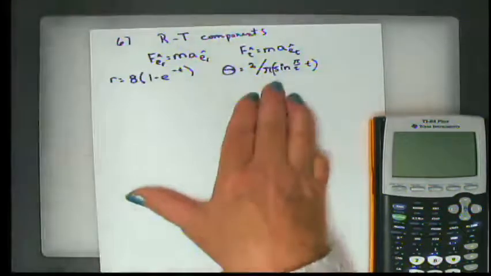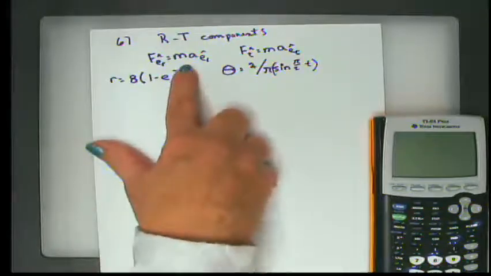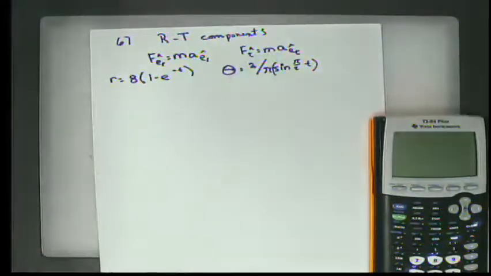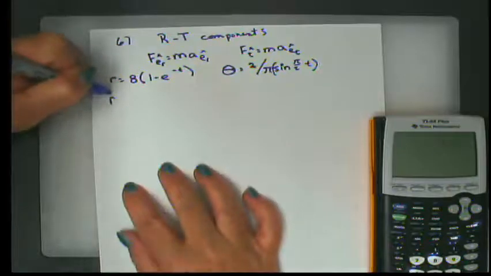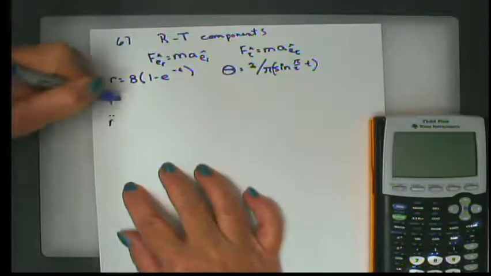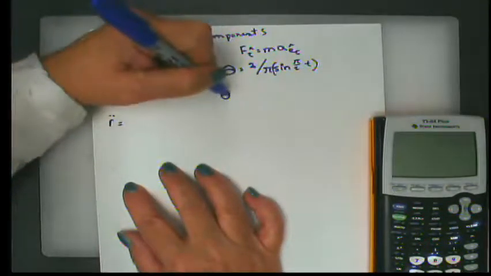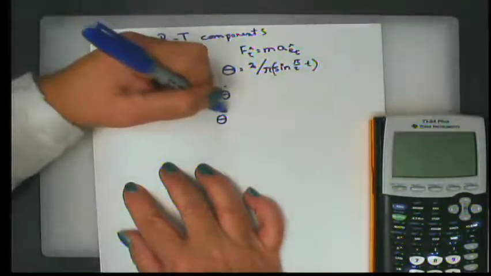And so in order to find the acceleration in these directions, we have to go back to those basic equations. We need to find r dot, r double dot, theta dot, and theta double dot.